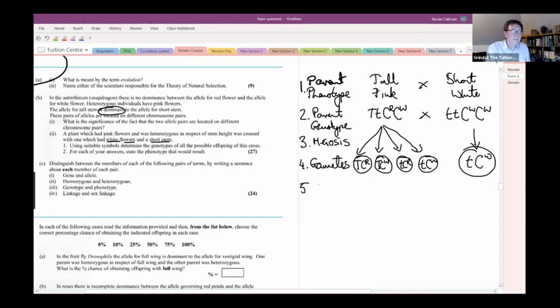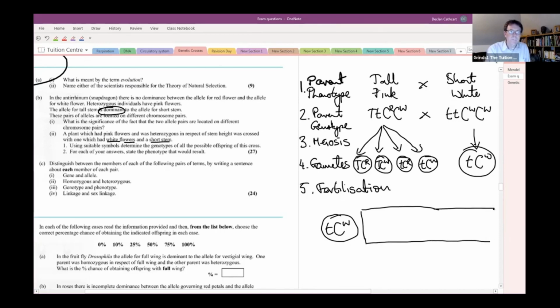Okay. Next stage is fertilization. And what that means for us is we're going to do a Punnett square. So our Punnett square is going to be, we'll take the small t, the one from the right-hand side, that's our gamete there, and we're going to cross that in a big four-section Punnett cross.